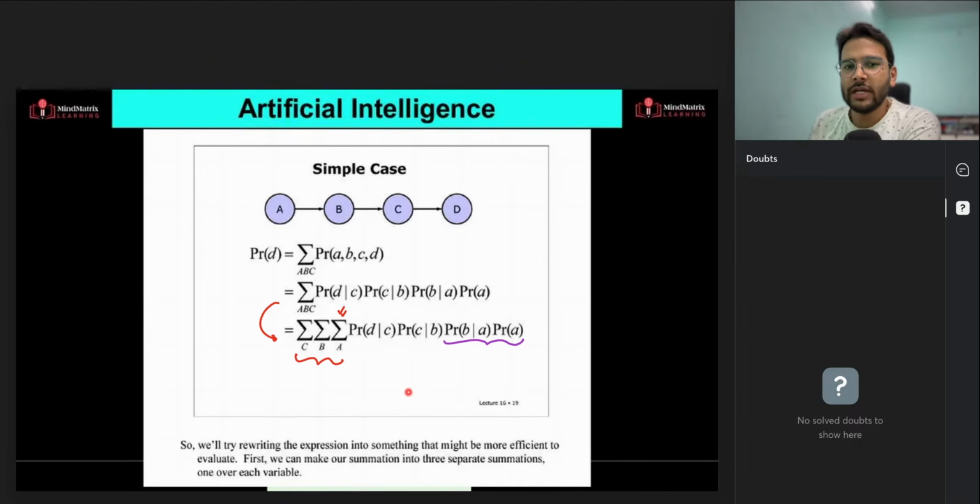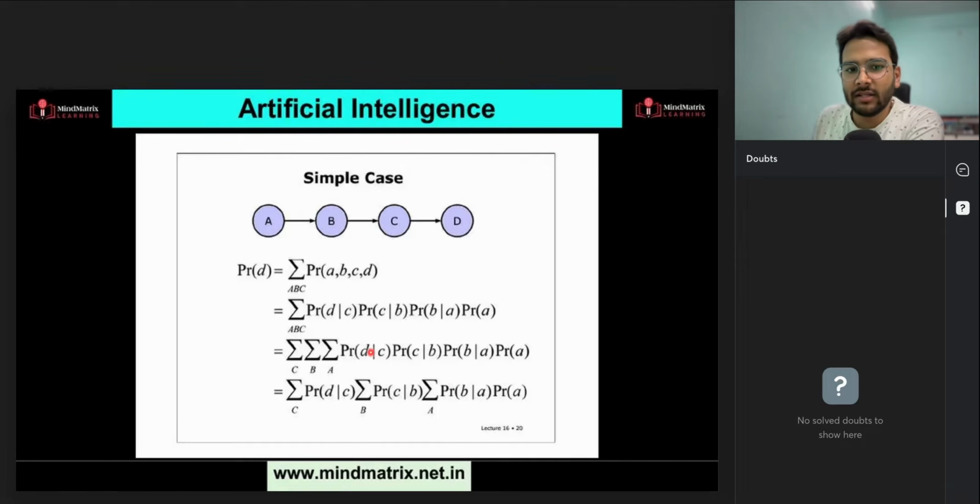So can I take this summation over A to the rightmost part, where A is involved? So I can write like this. This A I can take over here. Now summation over B. Where do we have B? We have B here and here. So can I take this summation over B to this place, just before probability of C given B?